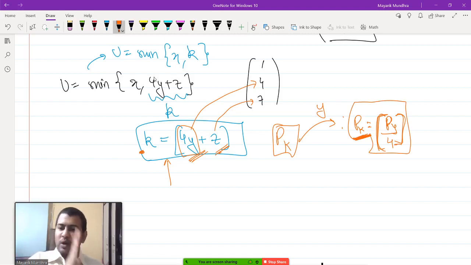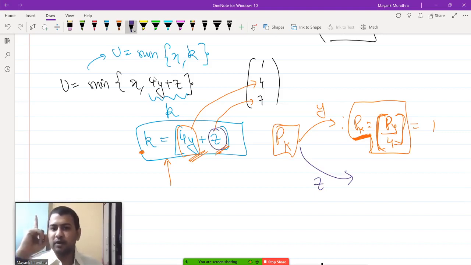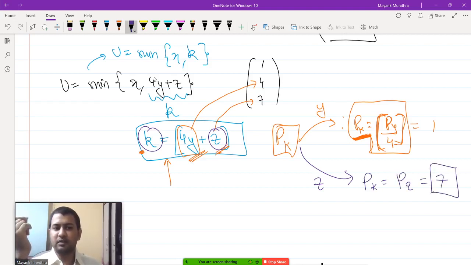So if I use Y to produce K, the price of K becomes Py by 4, which is equal to 4 by 4, that is 1. On the other hand, if I use Z to produce K, 1 unit of Z produces 1 unit of K. So in order to produce 1 unit of K, I need 1 unit of Z, and the price of K will be equal to price of Z, which is 7.